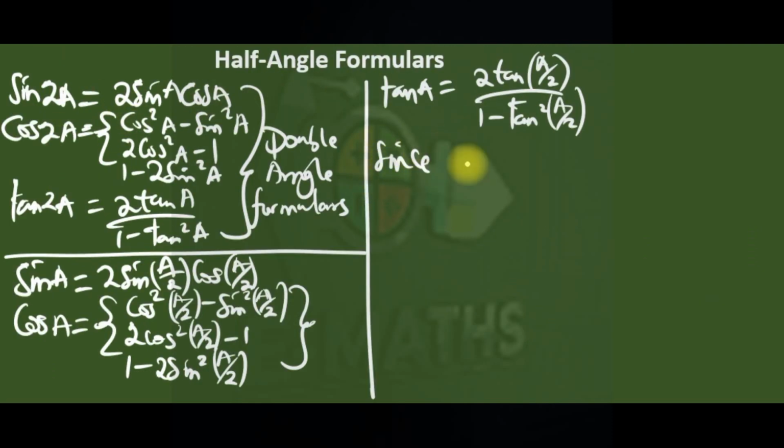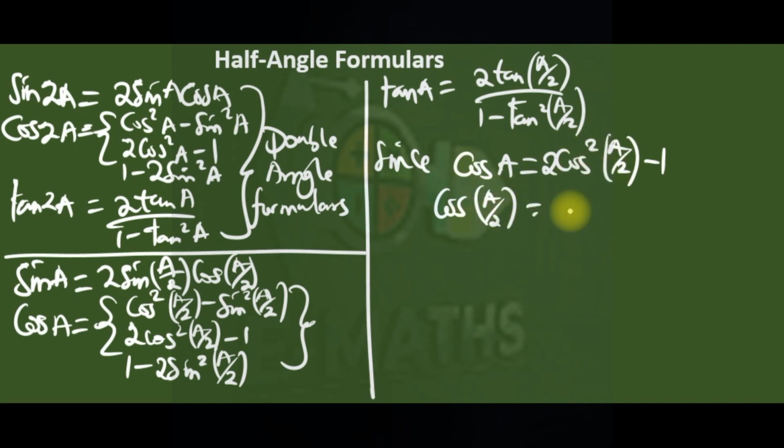since cos A is 2 cos squared half A minus 1, if I make cos half A the subject of formula, 1 goes here to be 1 plus cos A, divided by 2, all in square root. So that's it.